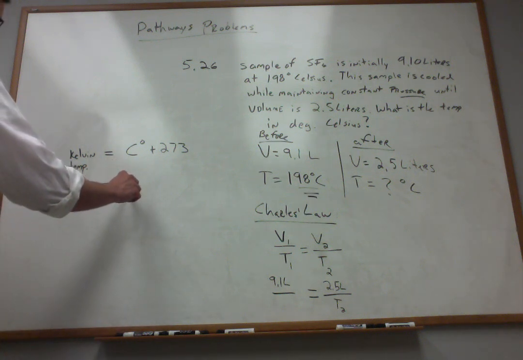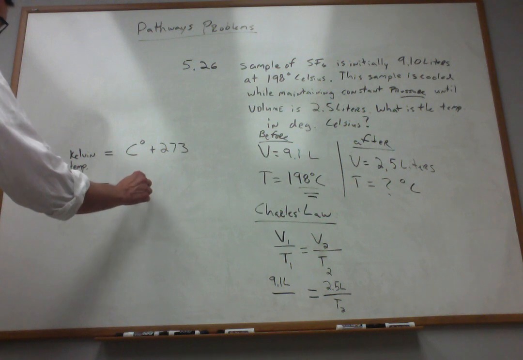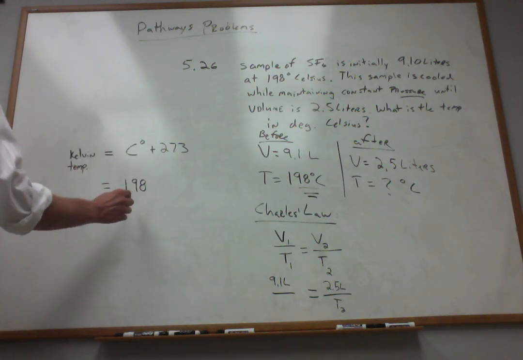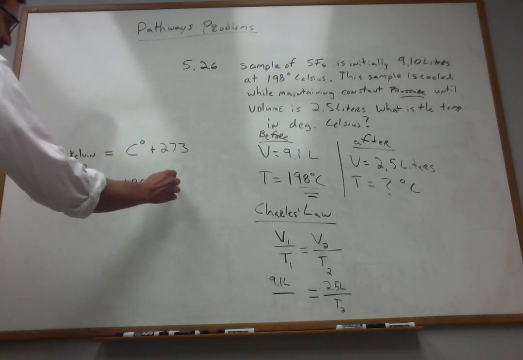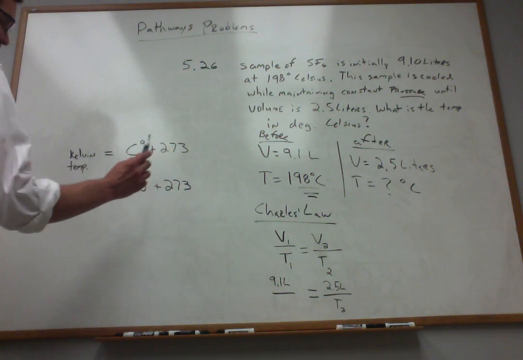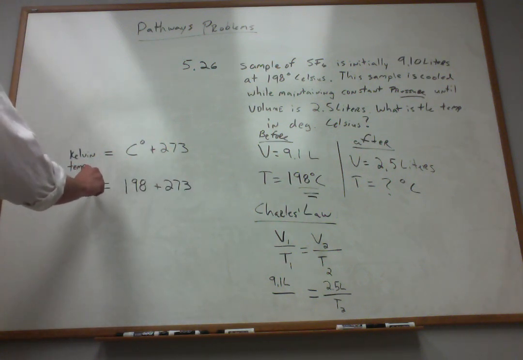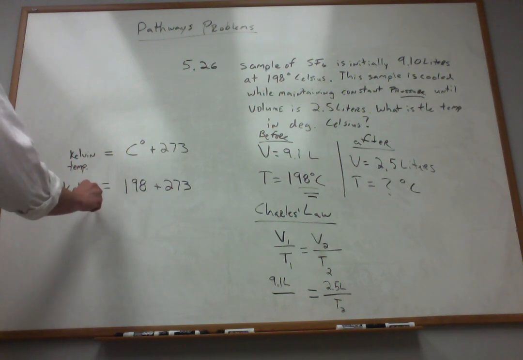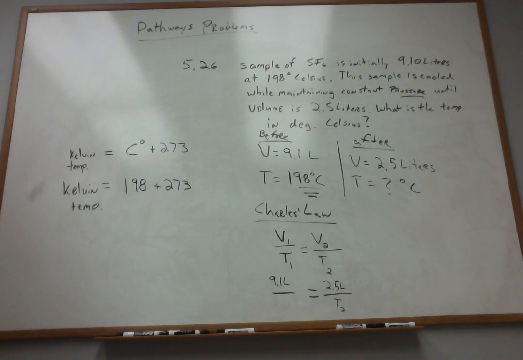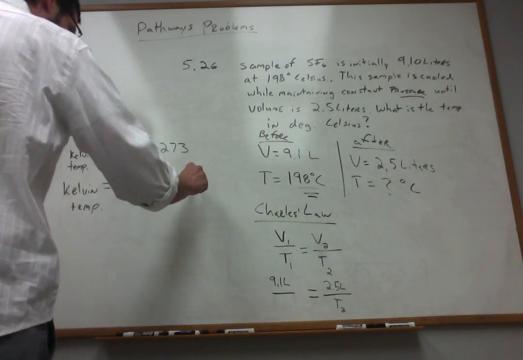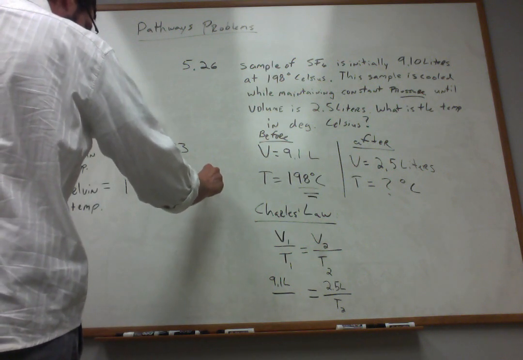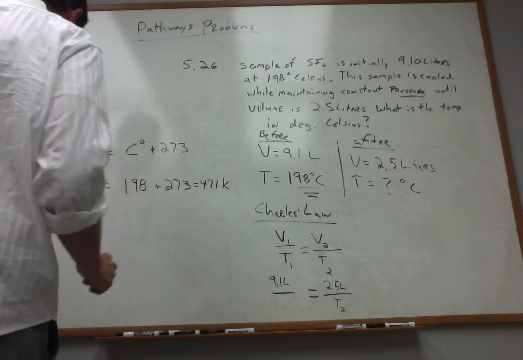To do that, we take our Celsius temperature, which is 198, and add 273. If I want to be more precise, 273.15. That gives me my Kelvin temp. If I do the math, that works out to 471 Kelvin.